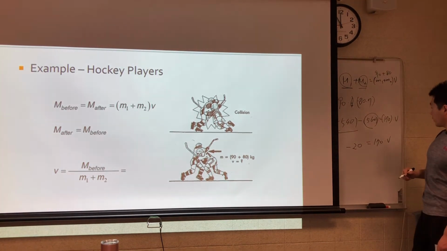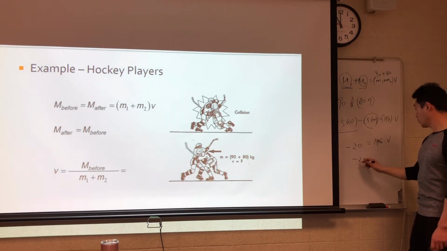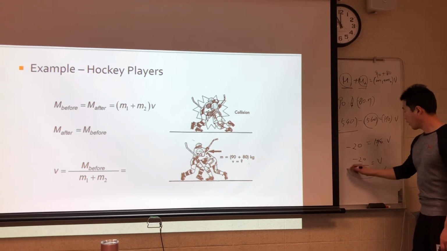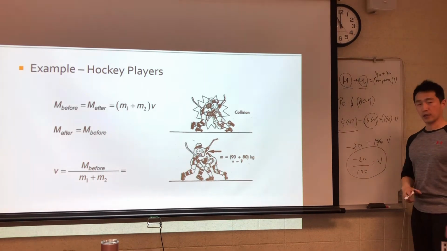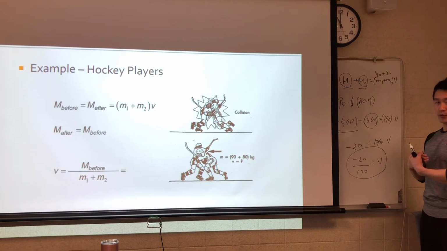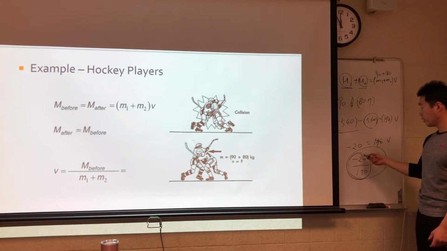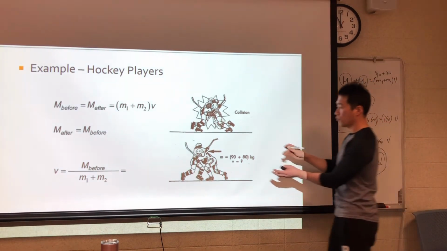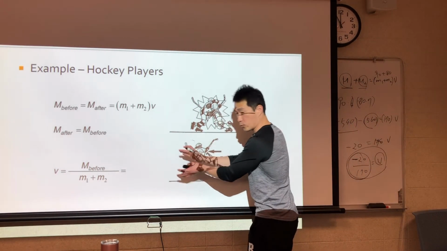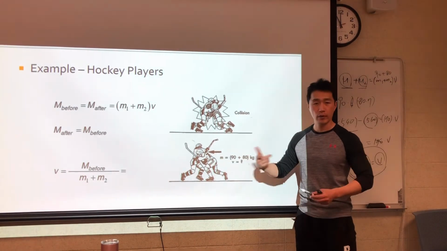And if you divide each side by 170, this will be gone. So negative 20 over 170 will be their final velocity. What's going to happen to them after they collide with each other? If we calculate this, you will get a certain amount of velocity, but that is negative, which means they will move together in the negative direction, because the second player produced a larger momentum compared to the first.